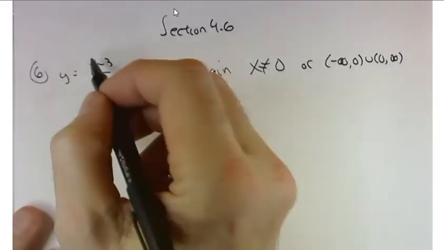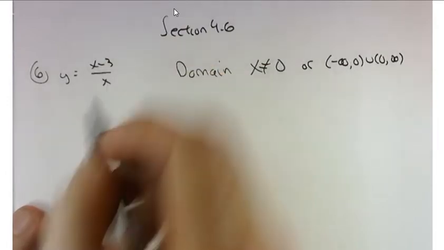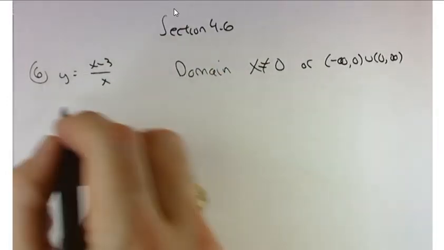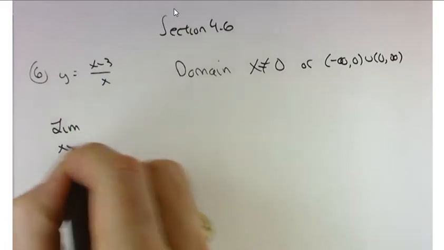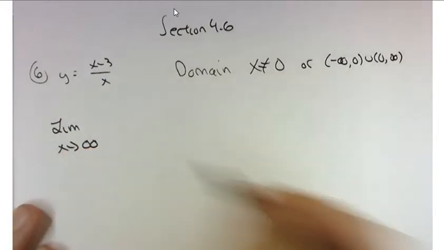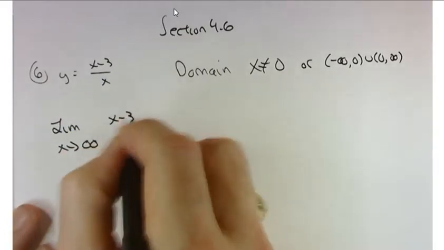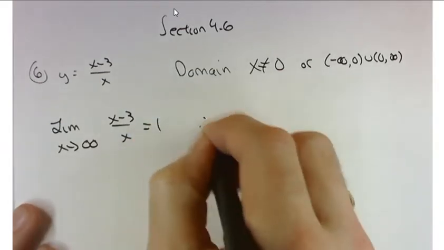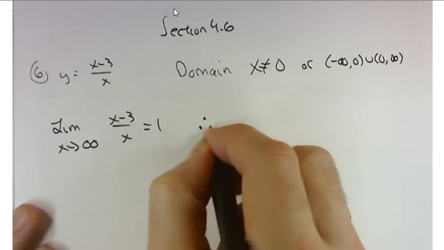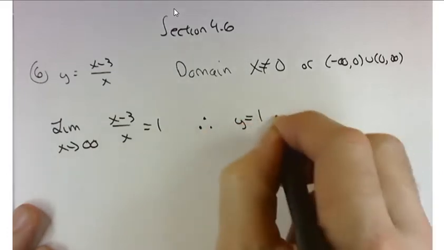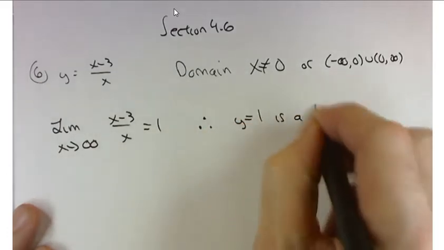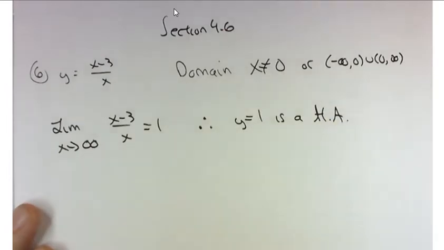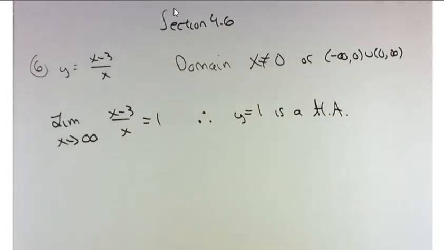So because the degree of the numerator and the denominator are the same, the limit as x approaches infinity or negative infinity of (x minus 3) over x will be 1. Therefore, y equals 1 is a horizontal asymptote. So that's a big feature of our graph.